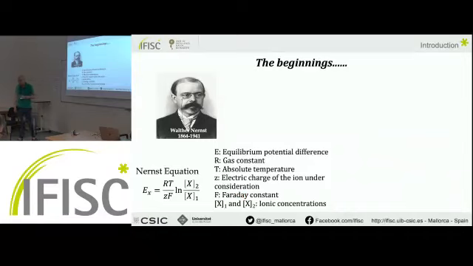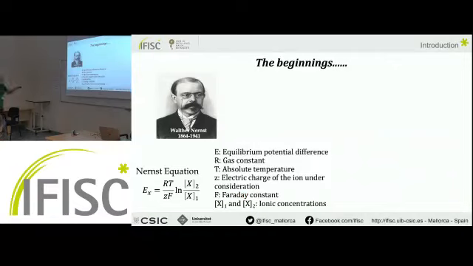One of the first scientists that started to study the electrical properties of neurons was Walter Nernst. He was a German chemist who calculated the equilibrium potential difference between the internal and the external part of the cell.